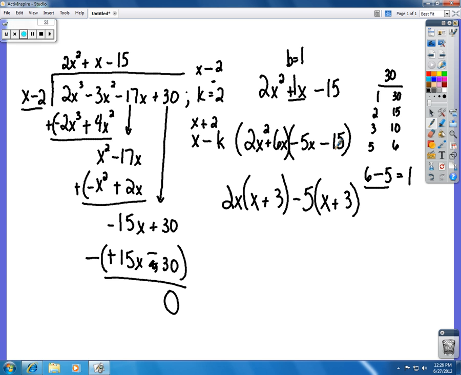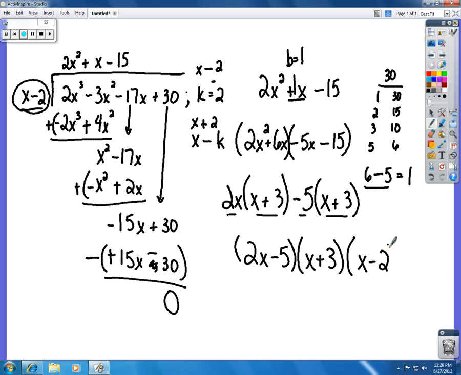And in order for factoring by grouping to work, the stuff on the inside of the parentheses must match. So from here, I pull together the stuff on the outside of the parentheses, 2x minus 5, and multiply it by one of the terms that was on the inside, x plus 3, and then of course, our last factor for our original polynomial was the original 0 we started with.